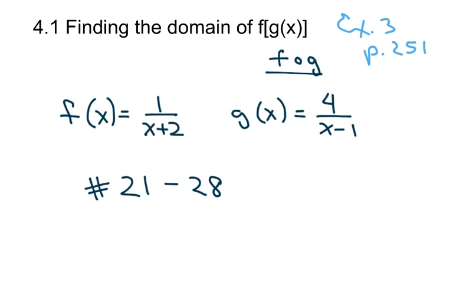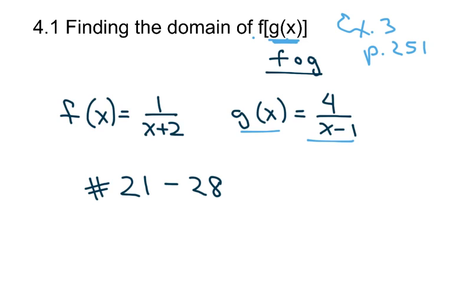There's a little trick to these, especially if you have rational functions like we do, rational being the fraction, numerator, denominator. The first thing we notice is the domain of g of x, and the reason we want to look mainly at g of x is because it's the one that we're going to compose with f.